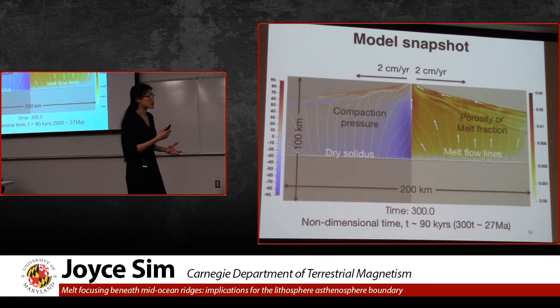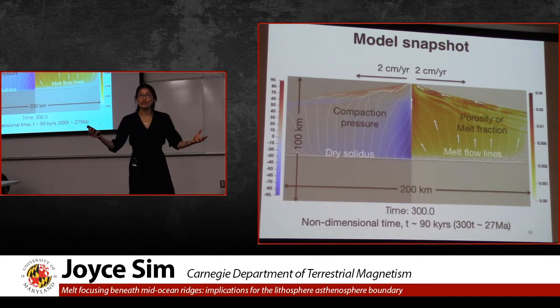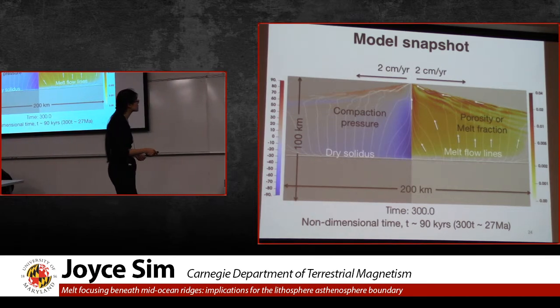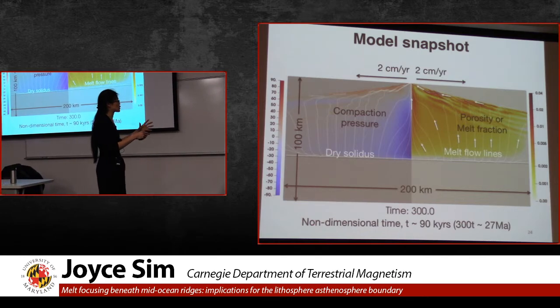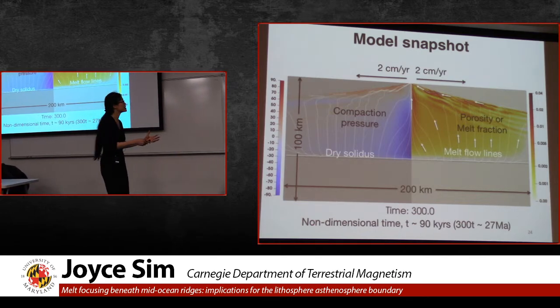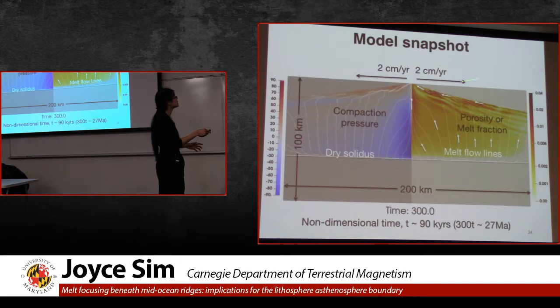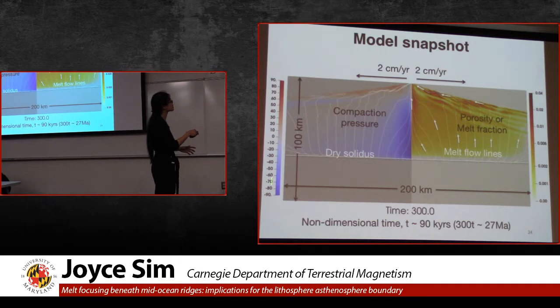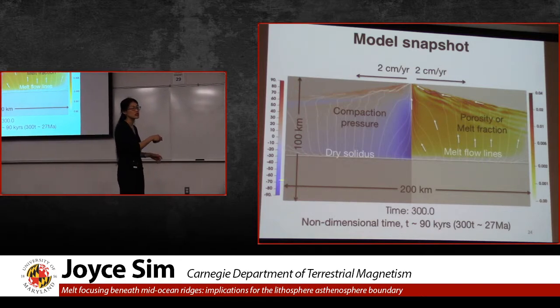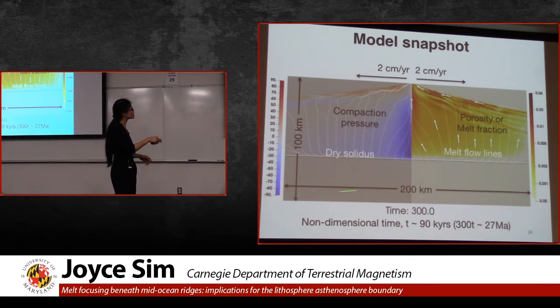Before I show you a video of what the models look like, I want to go through what you will be looking at. This is a model snapshot, again 100 kilometers deep and 200 kilometers wide.